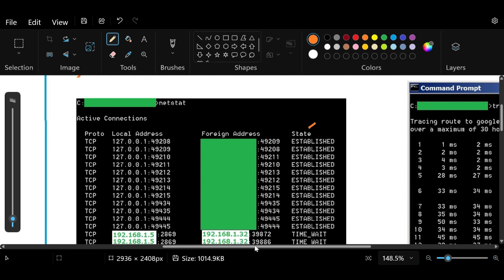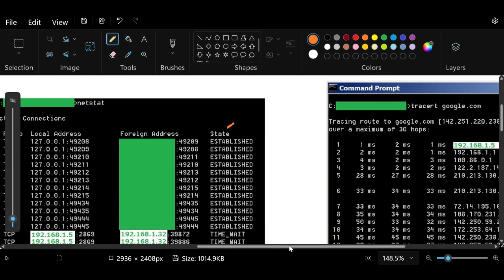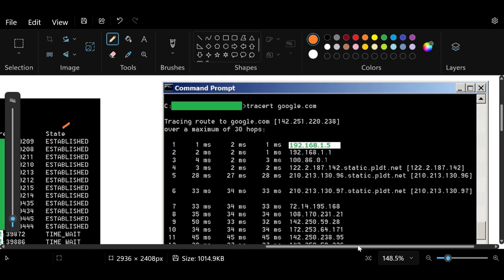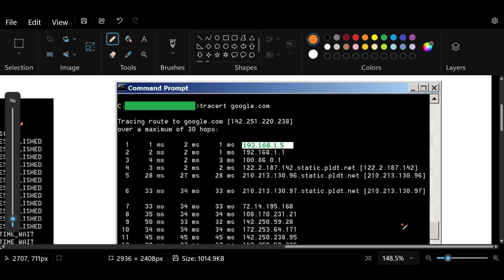Now, I was saying at the start that I was thinking that NetStat would be tracert, because I remember using Tracert, and I thought that if we needed to know the connection route to google.com, then that's one way that we can get information on the connections that we need to establish.